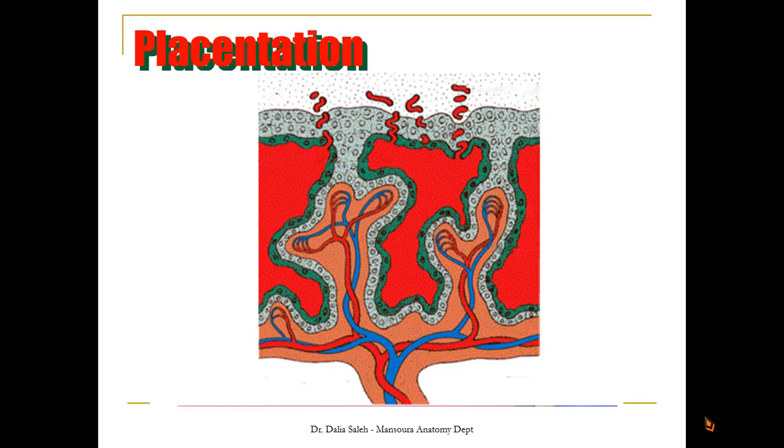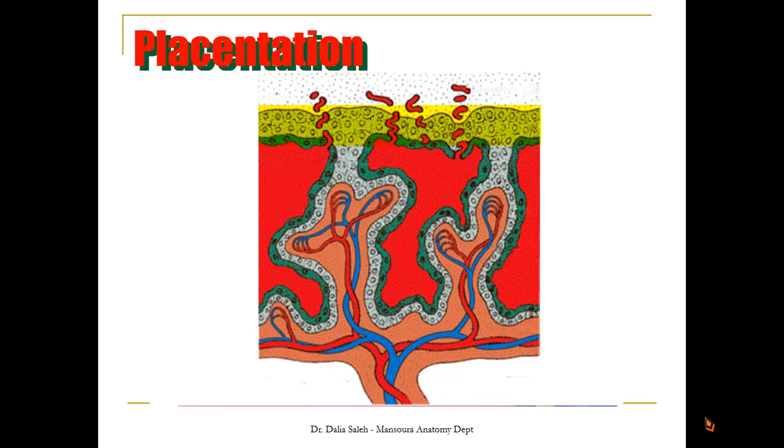You can see it is formed of an outer covering of syncytial trophoblast, then a layer of cytotrophoblast, then a core of extraembryonic mesoderm containing the blood vessels. You can also notice that the cytotrophoblastic layer sends columns of cells that will make a shell.